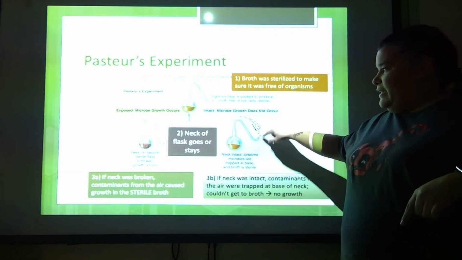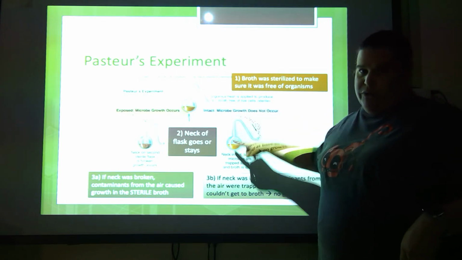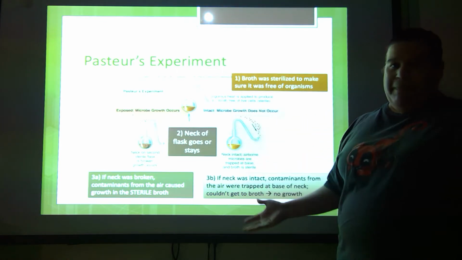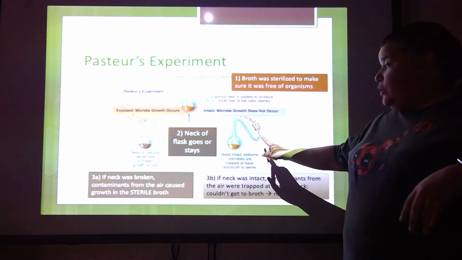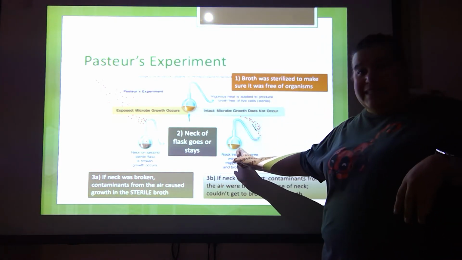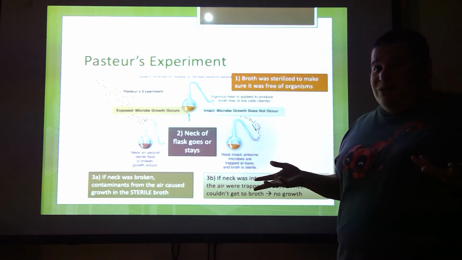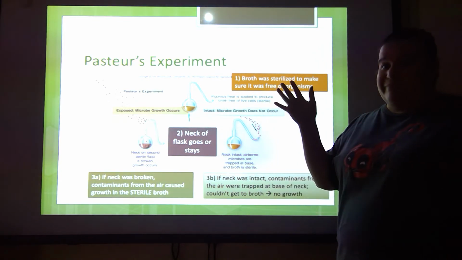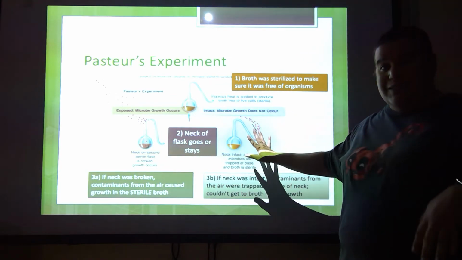If anything was going to get in, they would have to go down and then up and over to get into this flask. That's not going to happen unless you're like blowing into it. So, with the gooseneck intact, this stayed sterile. It's one of the reasons why once we autoclave something to sterilize it, we keep it closed. Because if we keep it closed, it stays sterile.